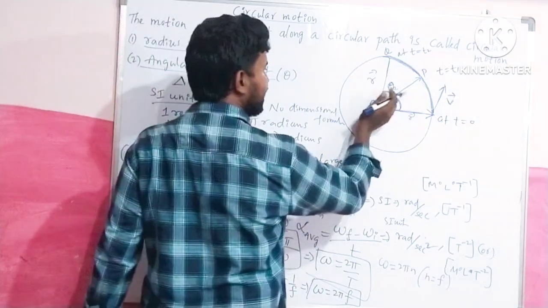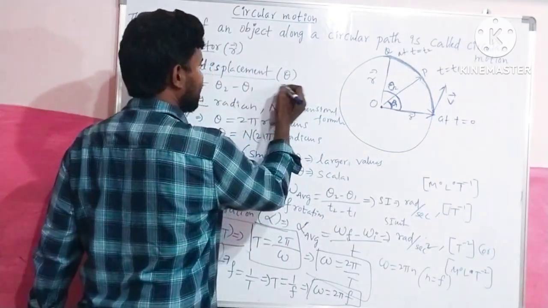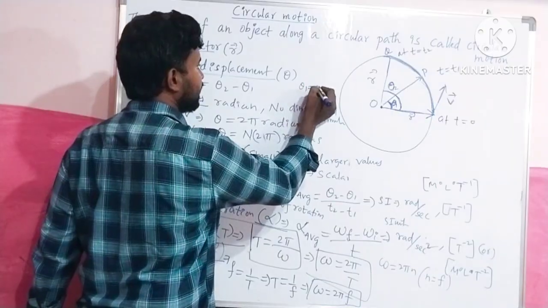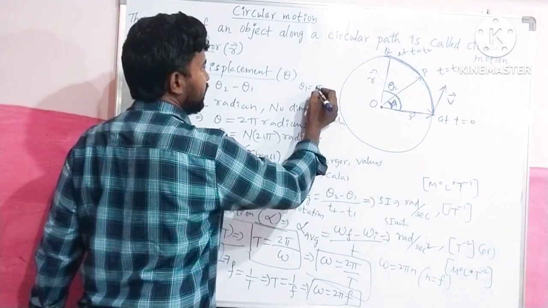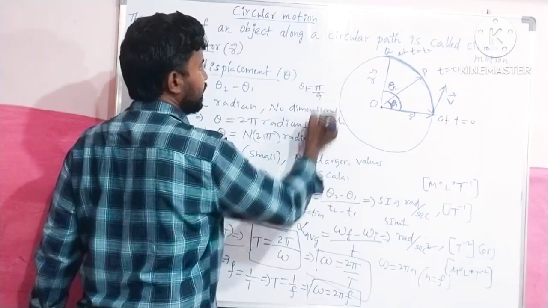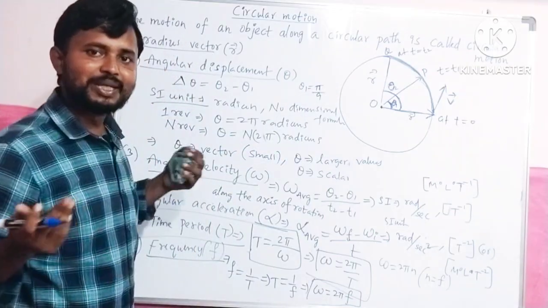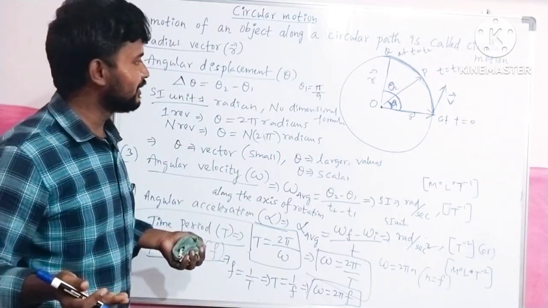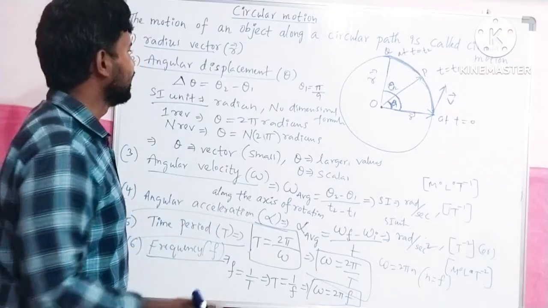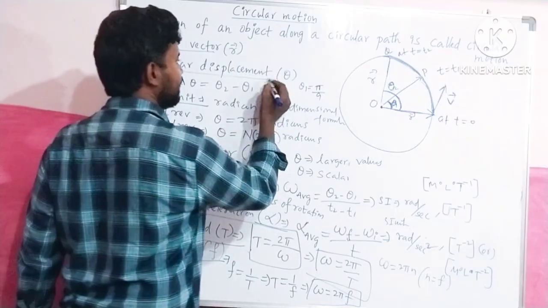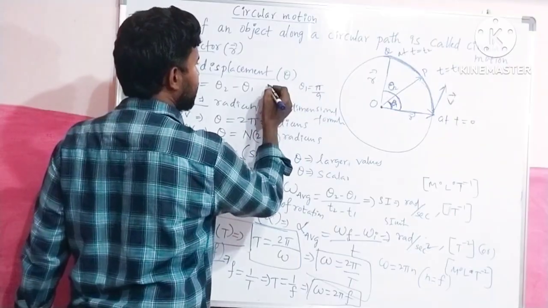For example, here we can take θ1 as pi by 9. So it means 20 degrees. When we convert pi by 9, this gives 20 degrees. Next θ2 is pi by 2.